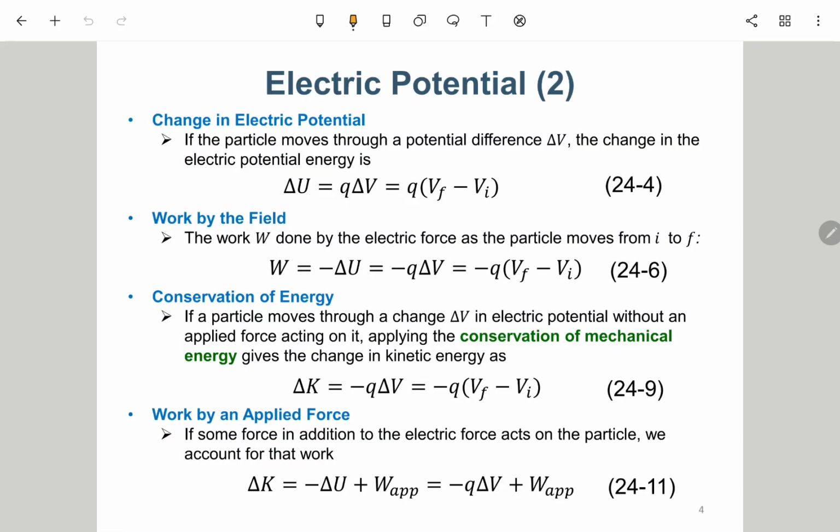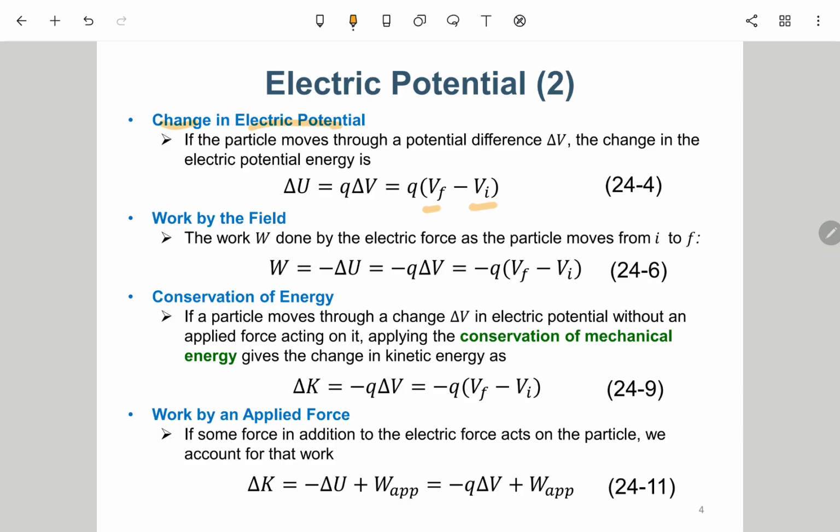Here we have quite a bit of formulas. The first one is the change in electric potential. Change in electric potential means we try to move a charge, with the starting point at electric potential Vi and the end point at another electric potential Vf.